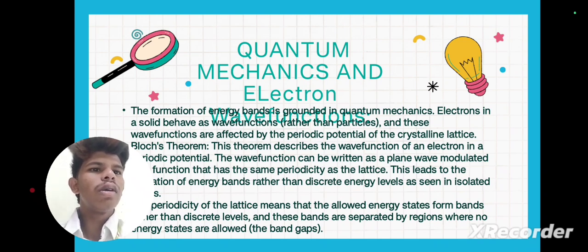The wave function can be written as a plane wave modulated by a function that has the same periodicity as the lattice. This leads to the formation of bands rather than the discrete energy levels seen in isolated atoms. The periodic lattice means that the allowed energy states form bands, and these bands are separated by regions where energy states are not allowed.